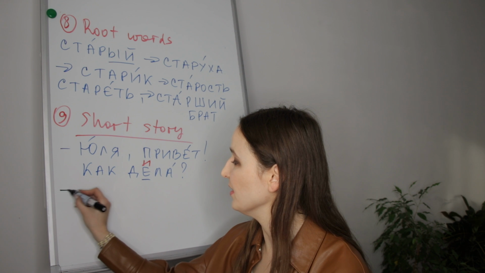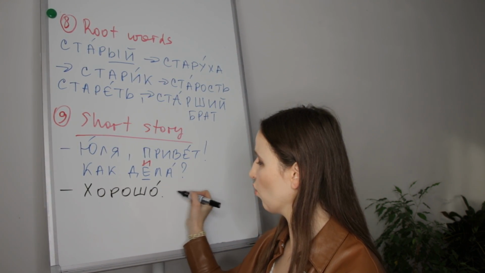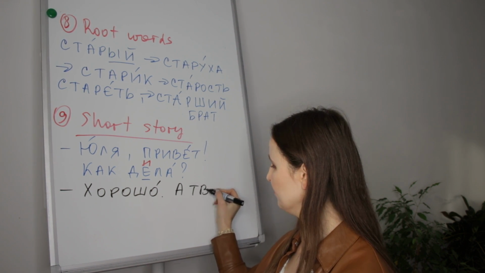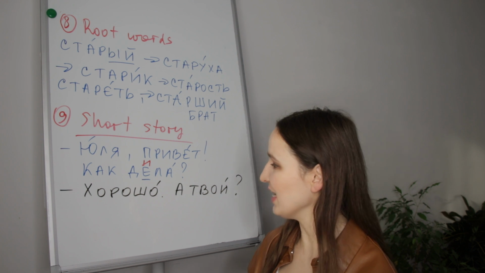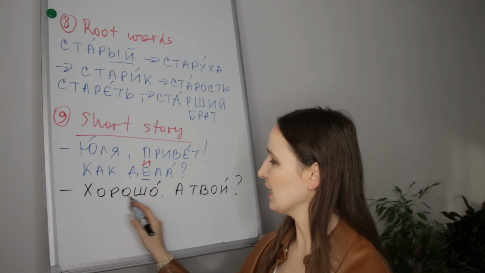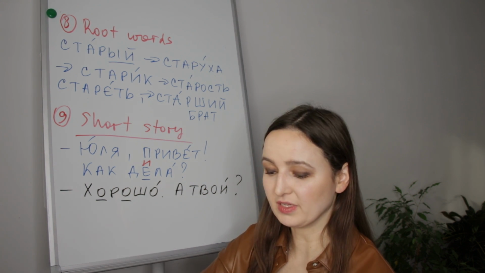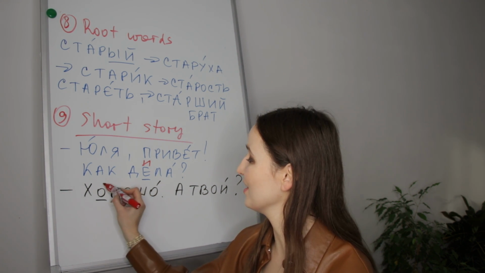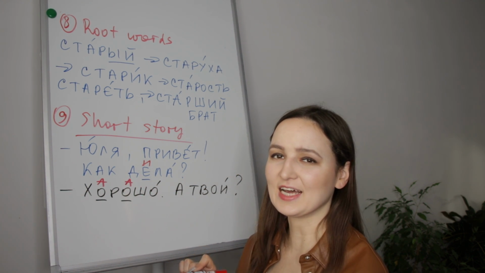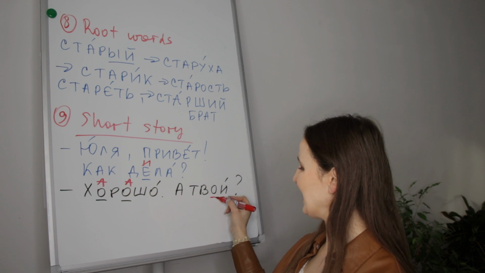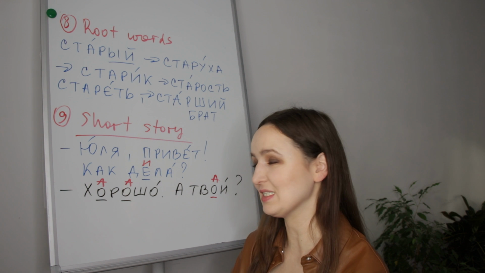Хорошо. А твои? Same here. Хорошо means good. This О and this О will be pronounced as А because they are not stressed. А твои, again, this one will be pronounced as А too because it's not stressed.